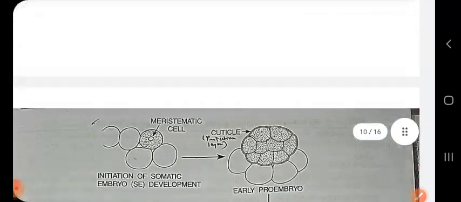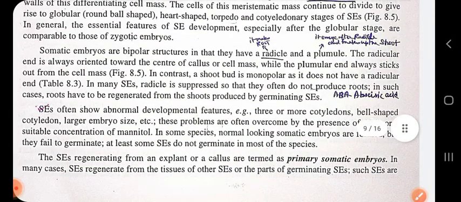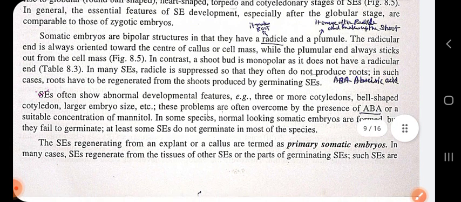It is written here that somatic embryos developed from somatic cells often show some abnormal developmental features like three or more cotyledons, bell shaped cotyledon, and large embryo size. These problems can be solved by using a suitable amount of abscisic acid or a suitable concentration of mannitol.